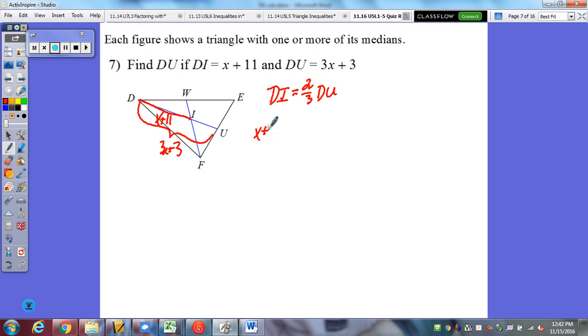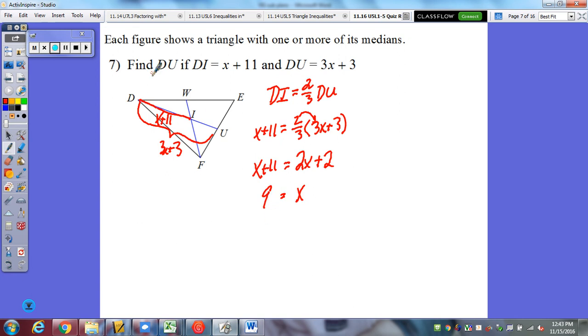We have x plus 11 is equal to 2/3 times 3x plus 3. When I distribute this, 2 over 3 times 3x is 6x over 3, which just gives me 2x. 2 over 3 times 3 is 6 over 3, which just gives me 2. When I subtract the x here, I get x. Subtract the 2 here, I get 9.